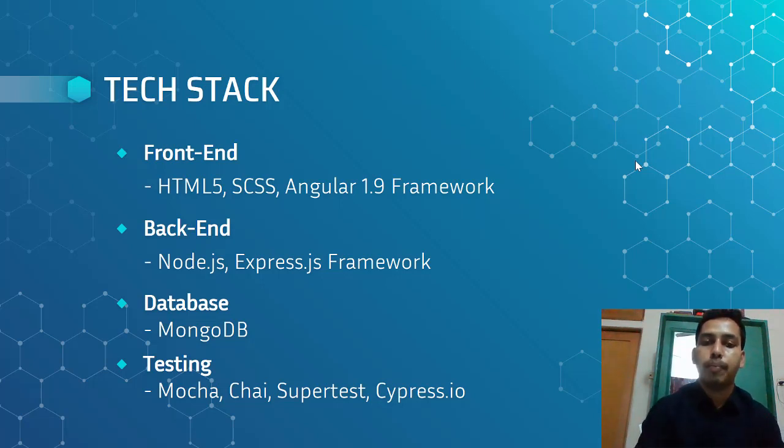To complete this project, I estimated that Angular 1.9 is enough. So I am not taking the upgraded version, which would make me work more on the framework. I am choosing 1.9, which is lightweight and will cost me less time.